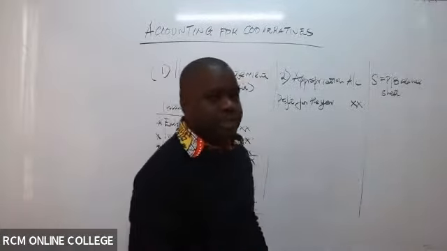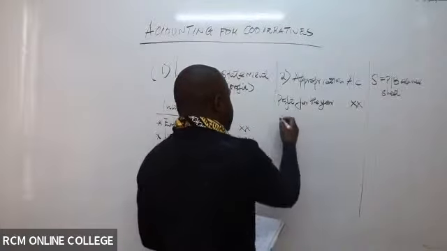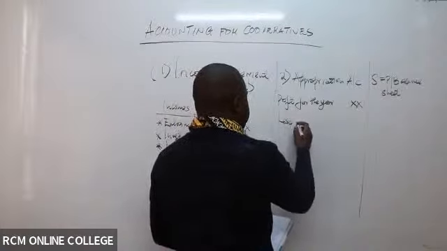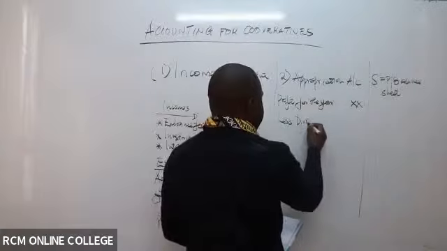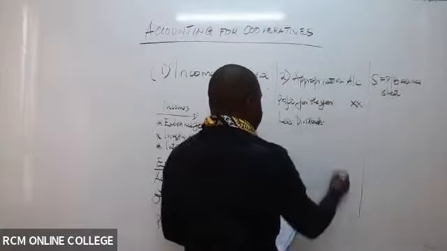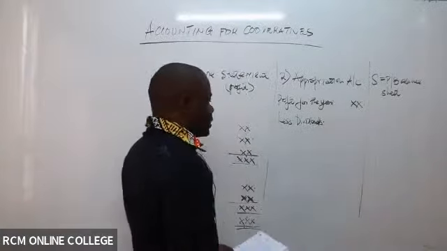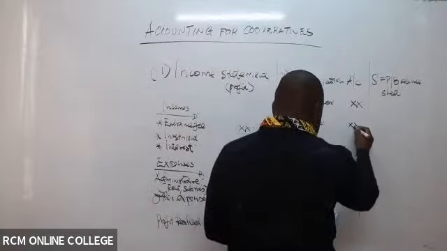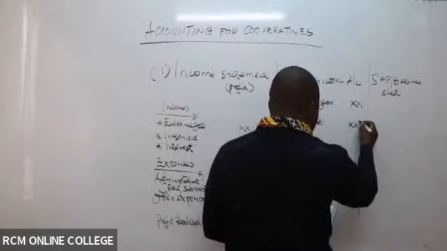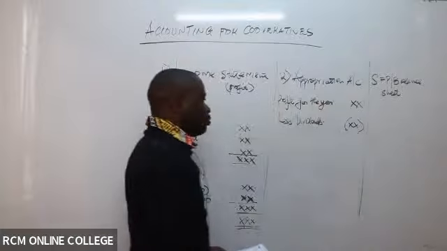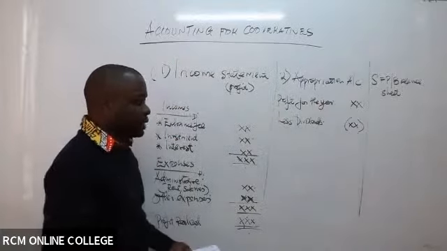Then you distribute or appropriate it. You'll be able to less what you're calling dividends to the members, because the dividends paid and the interest paid, you'll reduce it there.